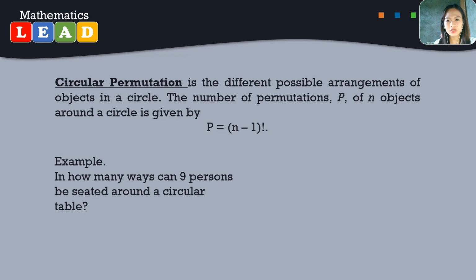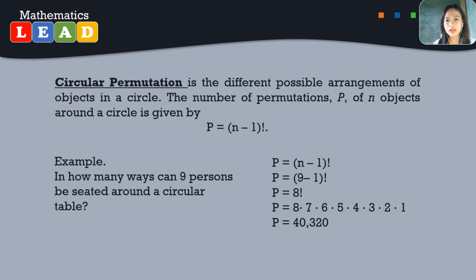Since this is a circular permutation of 9 things, then n is equal to 9. If we use the formula, we will have P is equal to 9 minus 1 factorial, P is equal to 8 factorial, and 8 factorial is equal to 40,320. Therefore, there is a total of 40,320 ways for the 9 persons to be seated around a circular table.